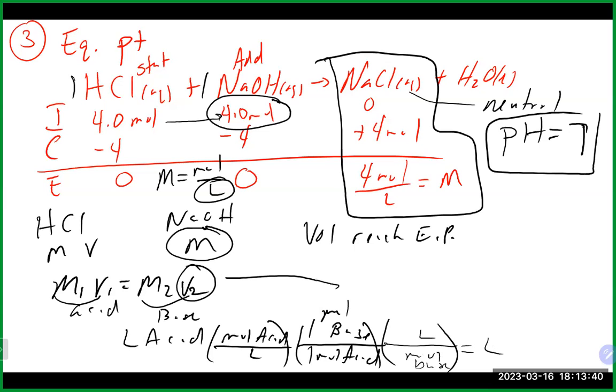Which, by the way, is basically what M1V1 equals M2V2 does for you with a lot fewer steps. And again, it only works in the case of M1V1 because that's a one-to-one relationship. If it's not a one-to-one relationship, you actually should do the calculation so you get the right mole-to-mole relationship. Any questions on it? Three different ways that you could get the volume of the equivalence point.